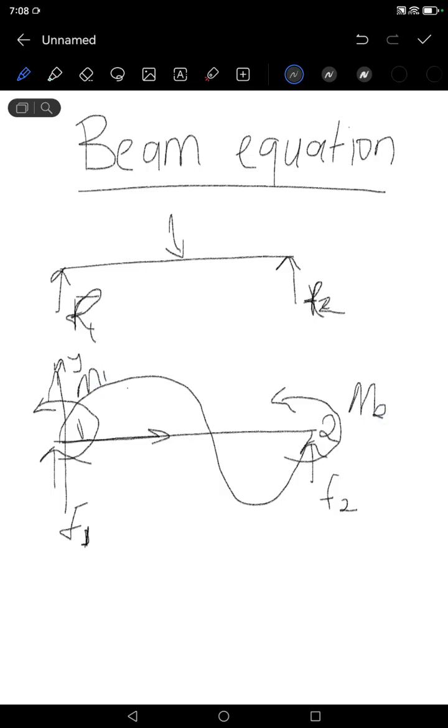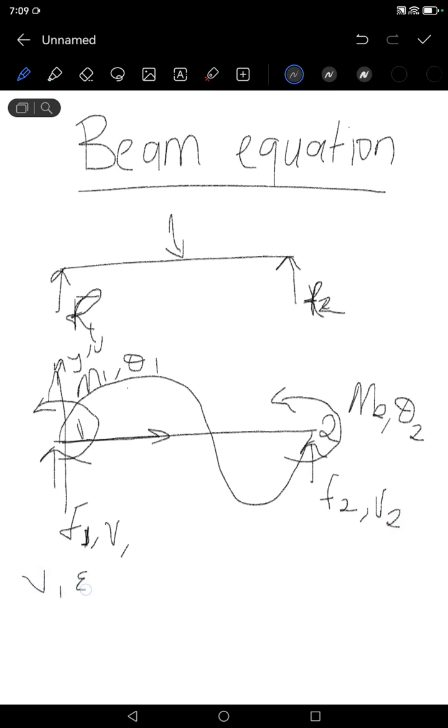On the moments, we're going to have a rotation, theta 1 and theta 2. And then we're also going to have a displacement V. So we have F1 and V1 here, and F2 and V2 here.